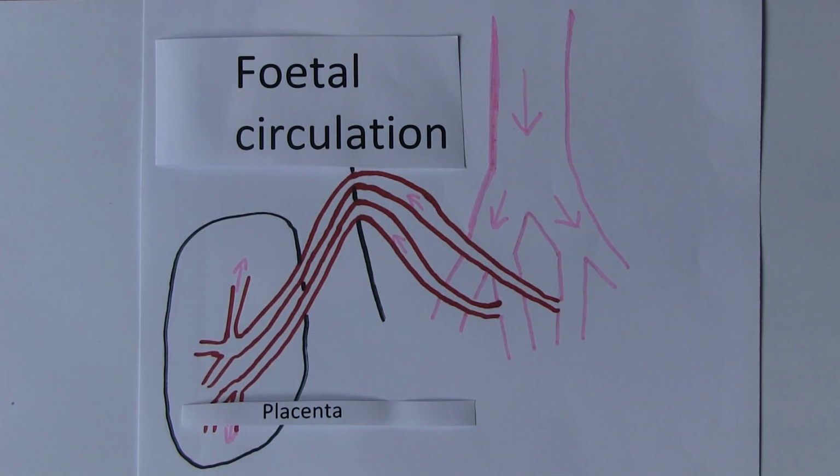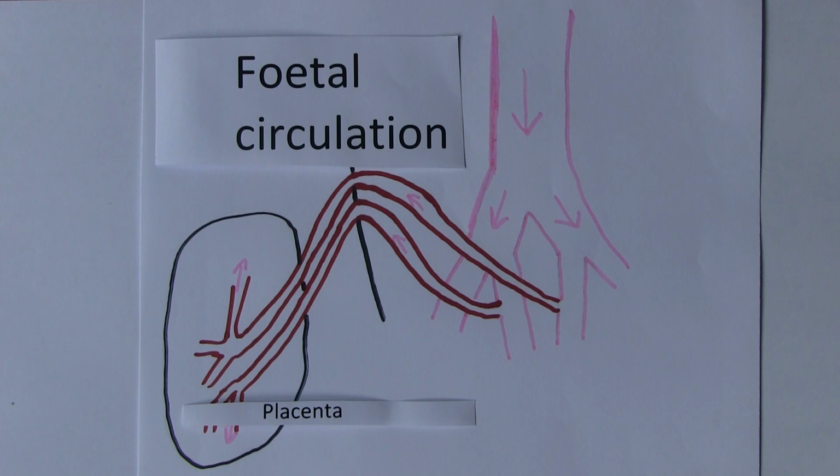Now, fetal blood coming from the fetus reaches the placenta via two umbilical arteries and in early fetal life, two umbilical veins. But later, the right umbilical vein disappears, leaving one umbilical vein. So in later fetal life, there's going to be two umbilical arteries and one umbilical vein.